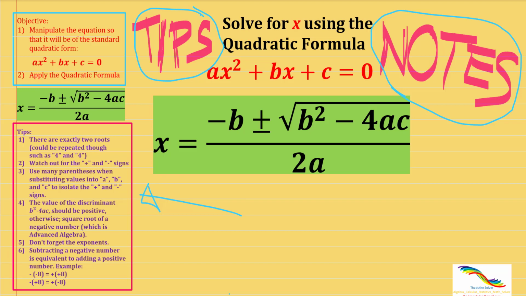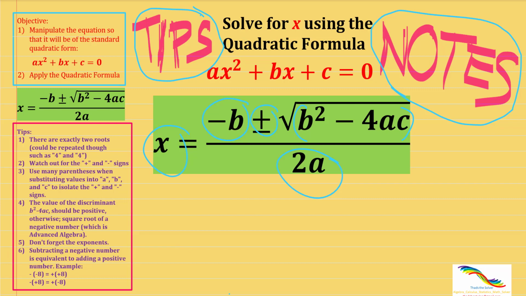First, let us go over the quadratic formula first, so that you will be familiar with its form. Here's the quadratic formula. X equals negative b plus minus the square root of the quantity b squared minus 4ac all over 2a.